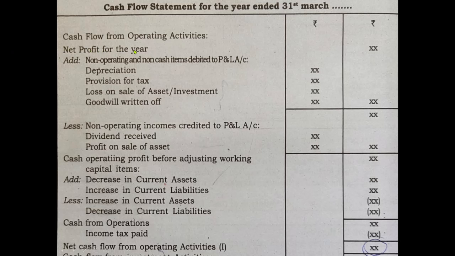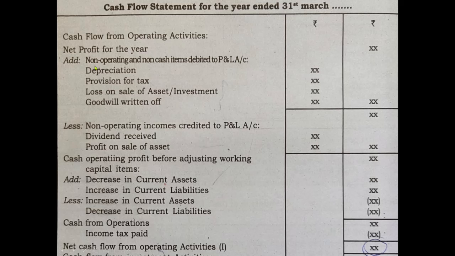So net profit for the year, add non-operating items such as depreciation, provision for tax, loss on sale of asset, goodwill written off, preliminary expenses written off, discount on issue of shares and debentures, transfer to reserve. We have learned that part numerous times in the previous area. So I hope you all know that part. I am not going to explain it again and again.